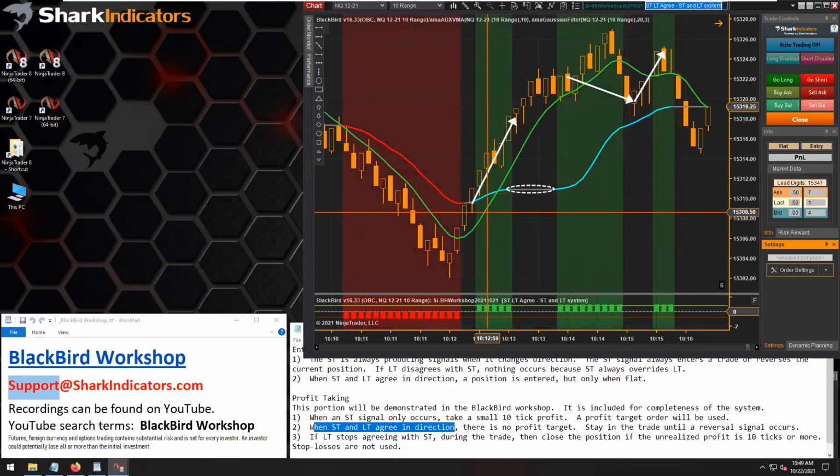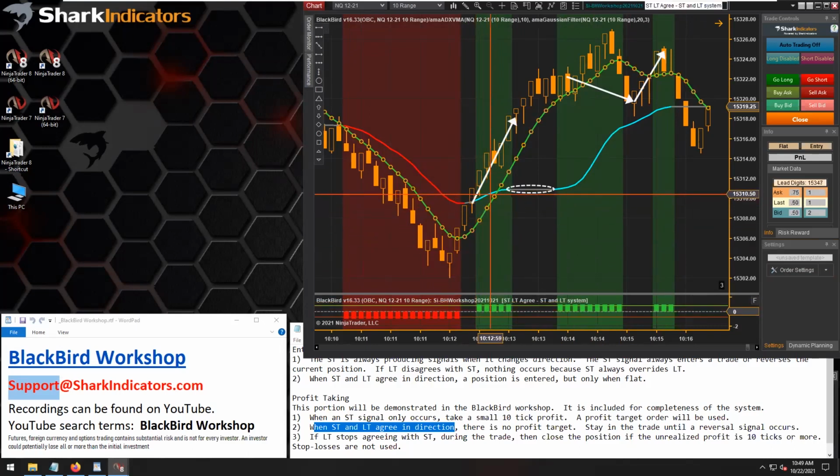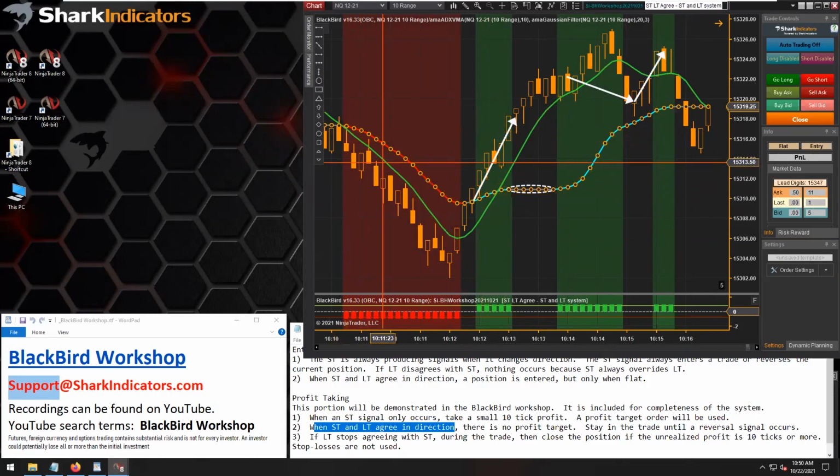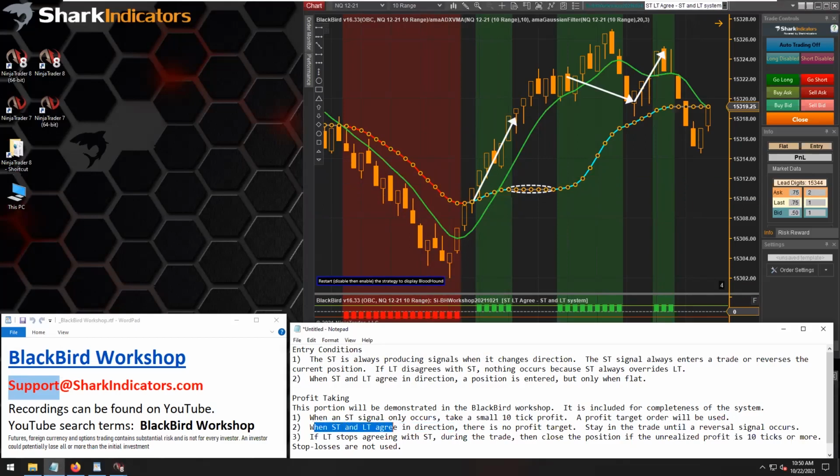So simply, we're getting an output on every bar that the short-term and the long-term agree with each other, when they're both sloping in the same direction. So what this is telling us is that we have a short-term and long-term in agreement. So that's identifying rule number 2 here.